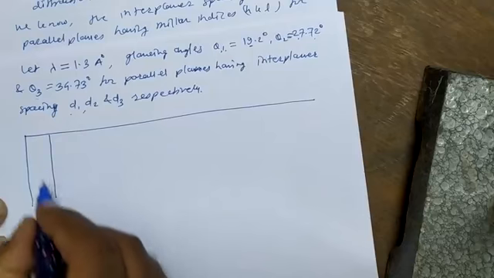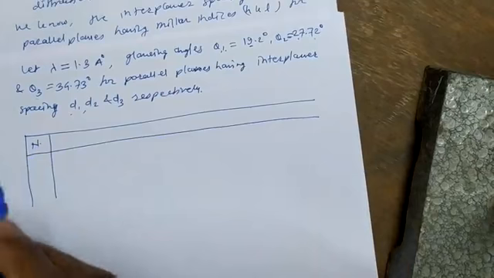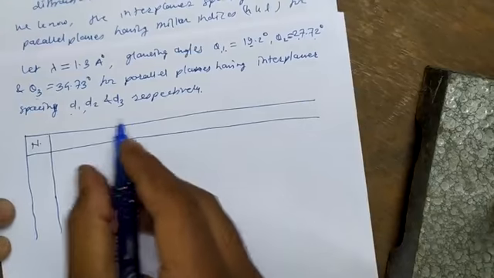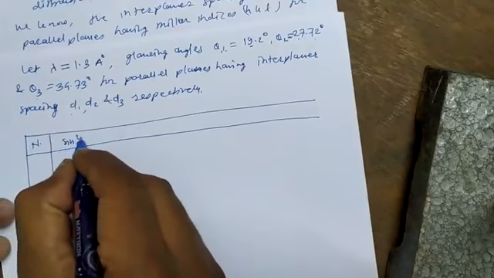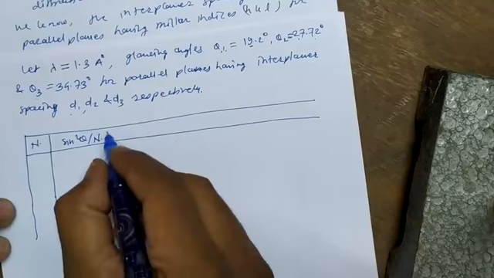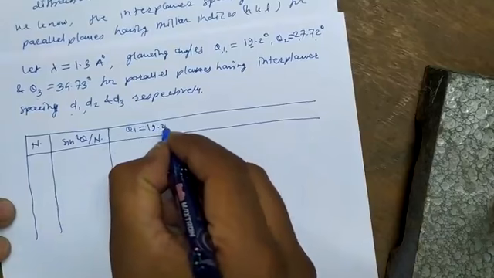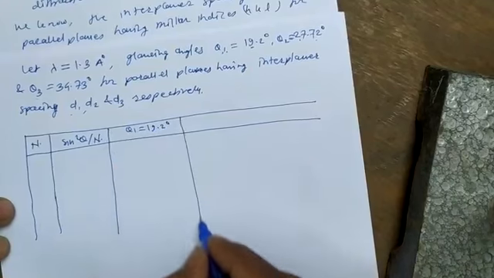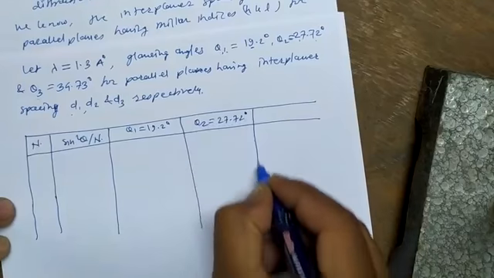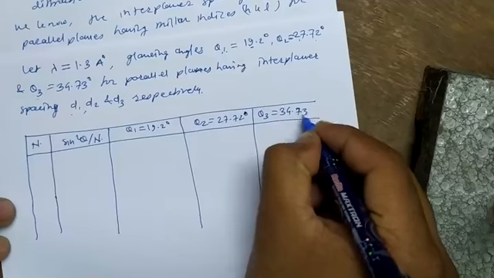Capital N, sin square theta upon N, theta 1 equal to 19.2 degree, theta 2 equal to 27.72 degree, and theta 3 equal to 34.73 degree.